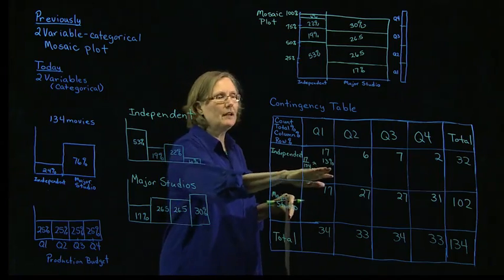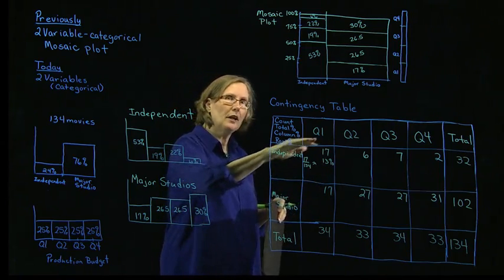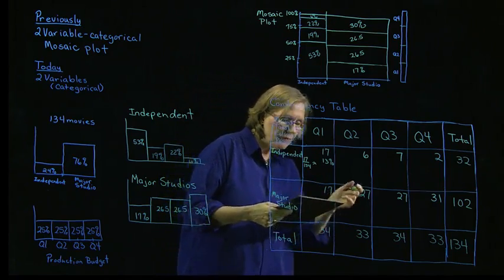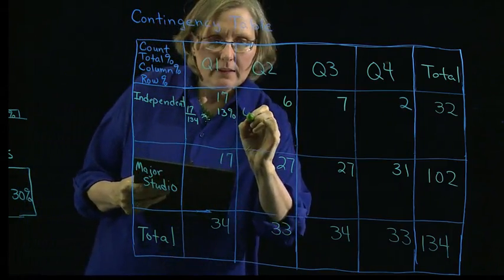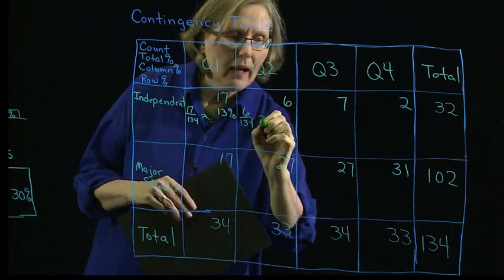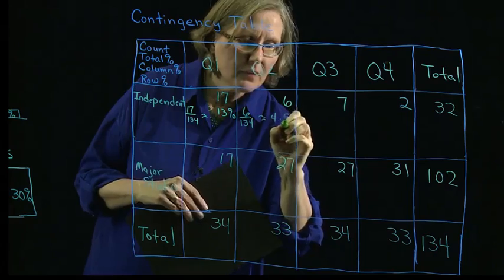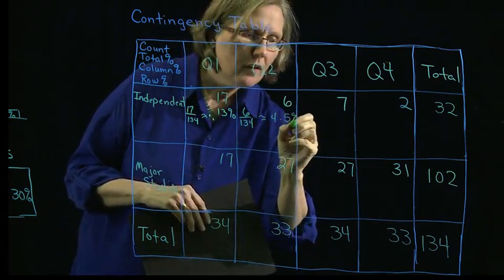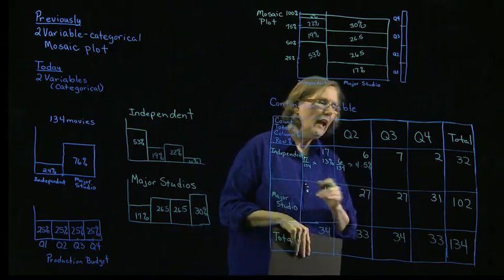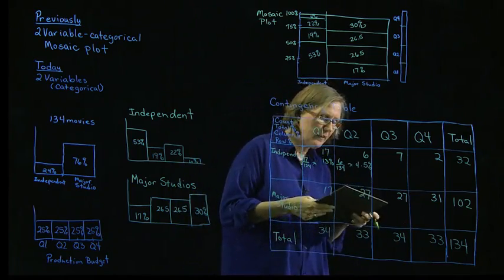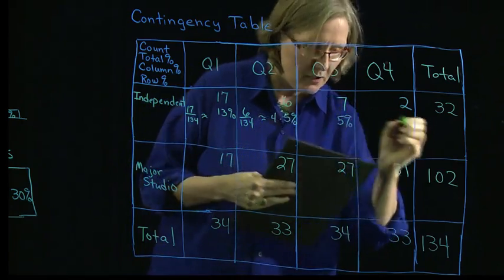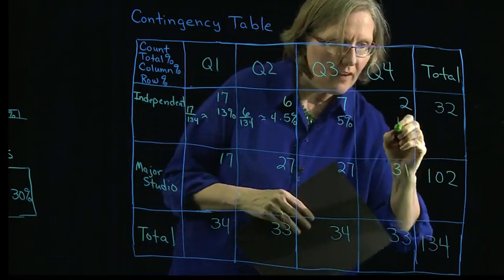About 13% of our movies were made by independent studios and fell in the first quartile. 6 out of 134, which is about 4.5%, were independent movies that fell in the second quartile. And we just continue to fill out the rest of the table. 7 is about 5%. 2 is about 1.5%.